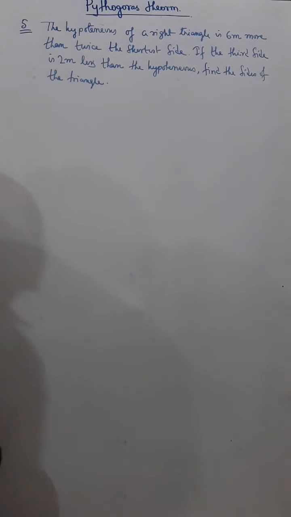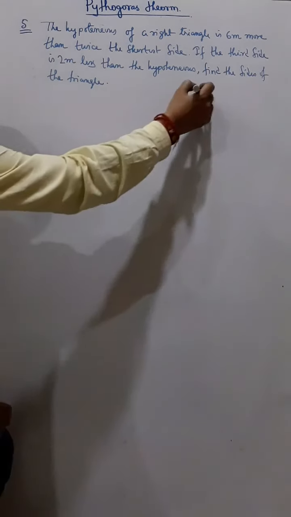Now see the sum. The hypotenuse of a right angle triangle is 6 meter more than twice the shortest side.